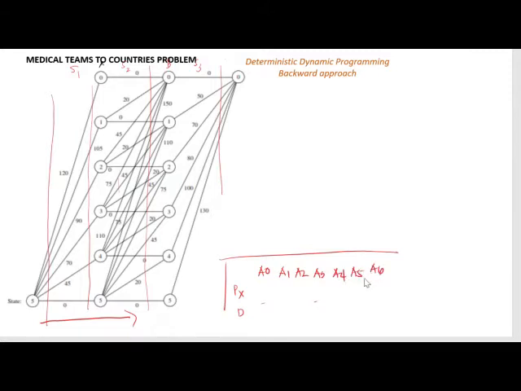There's no A6. Then let's name B: B0, B1, B2, B3, B4, B5, and C.